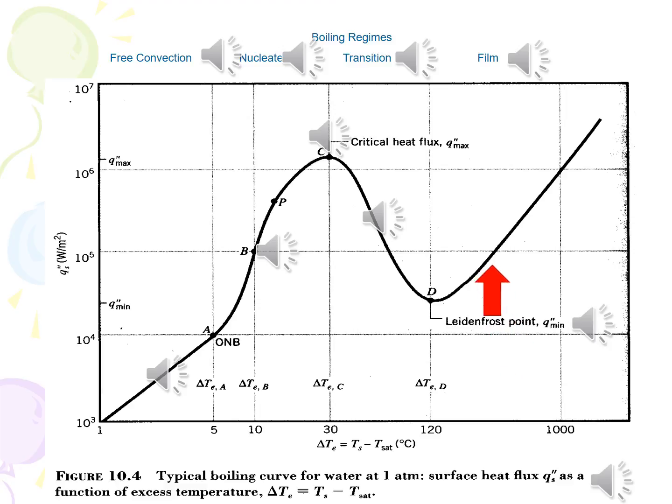From the Leidenfrost point onwards, the heated surface is totally covered by a film of vapor, and you have the film boiling region. It is very important to know the boiling curve so that you can identify the boiling regime of a problem, and use the corresponding boiling correlation in a test, or an exam, or in industry.